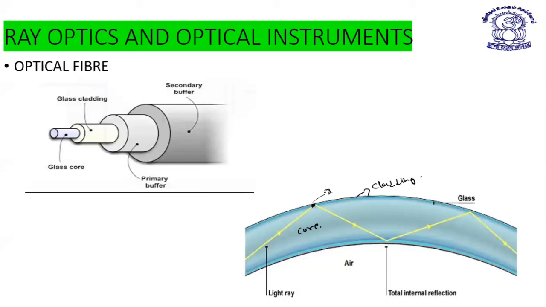So we do not want refraction or absorption, we just want complete reflection of light. So here TIR is used. To have the TIR, the refractive index of core must be greater than refractive index of cladding, and angle of incidence at each point should be greater than or equal to critical angle.